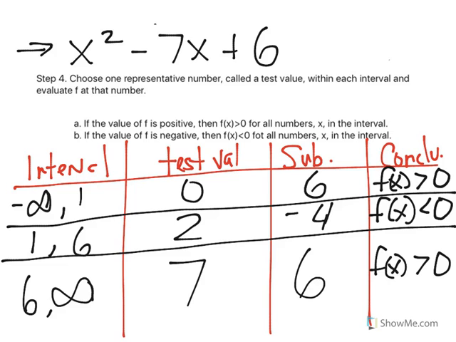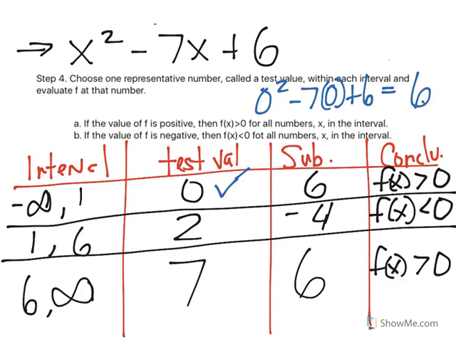And if you're saying, hey, how is your f of x greater than 0? Well, once I plug 0 into this problem here, what it came out to be, and I'm going to do a lot of scribbling here, 0 squared minus 7 times 0 plus 6 equals 6. And 6 is greater than 0.